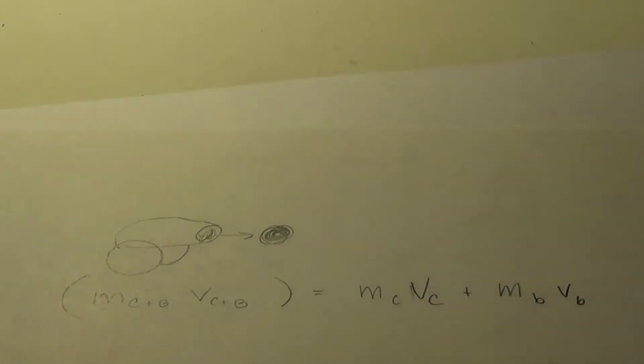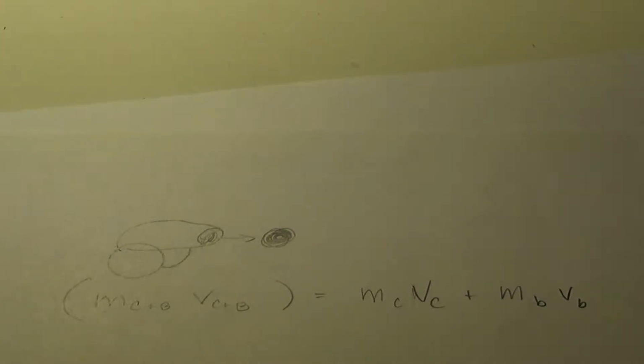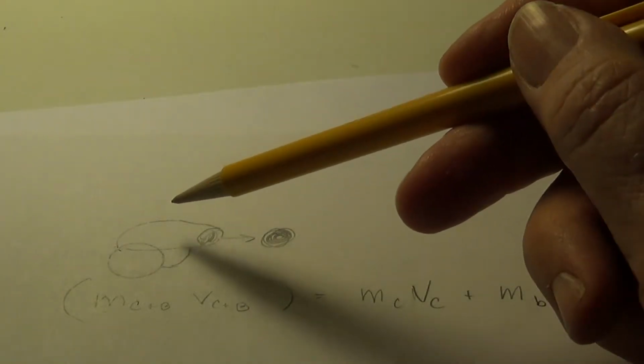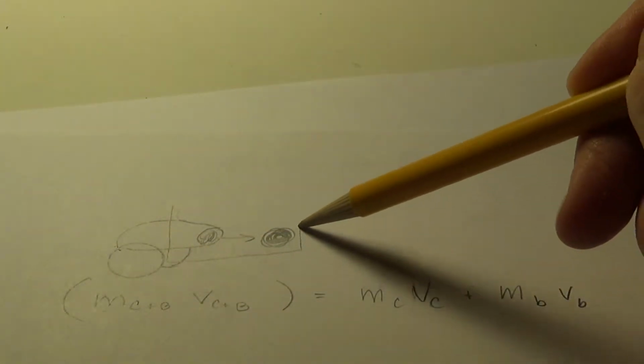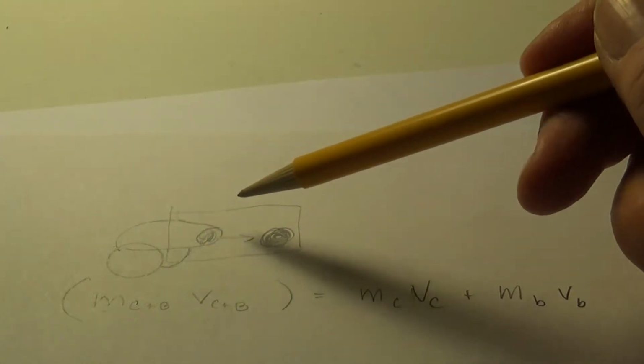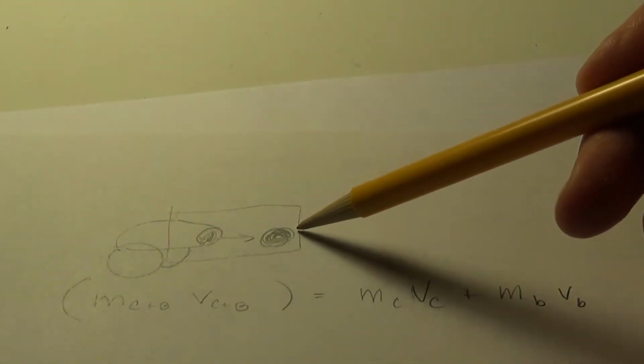Here is an example of a situation where we were able to conclude that the conservation of momentum applies because there's this system, and the system includes a cannon and a ball exploding out of it.